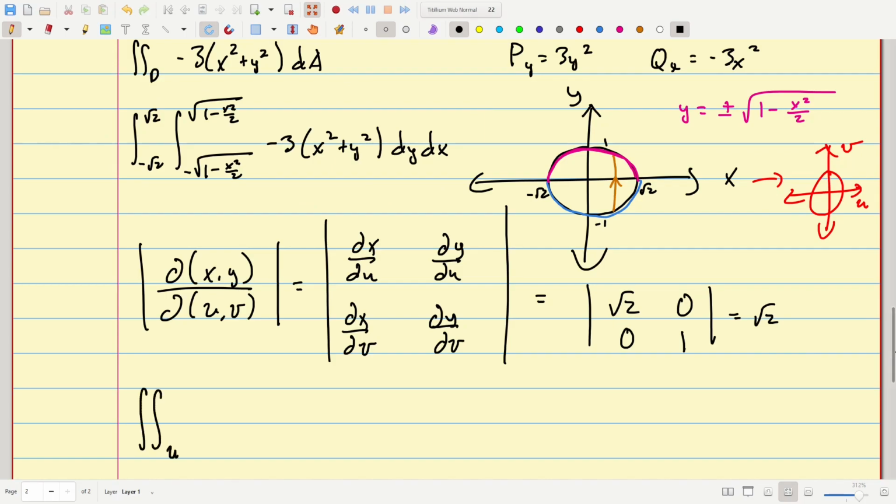We are integrating over the disk where u squared plus v squared is less than or equal to 1, of negative 3 times the quantity square root of 2u squared plus v squared, times square root of 2 dA, except now this is in uv coordinates.